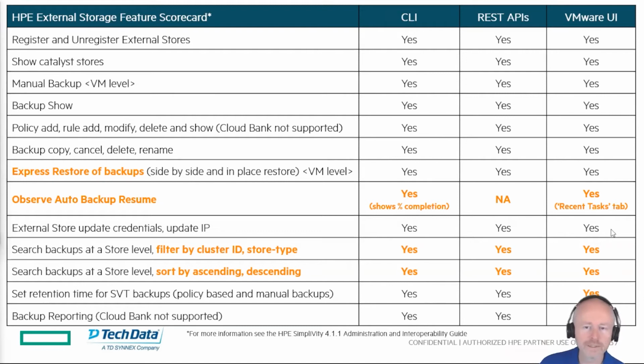While 1 year ago, there were quite a lot of no's at the right, and it was yes, yes, yes only at the left. Initially, more than a year ago, you had to do the backup through CLI to StoreOnce. Now you can do everything from within the user interface, from within the vCenter UI.